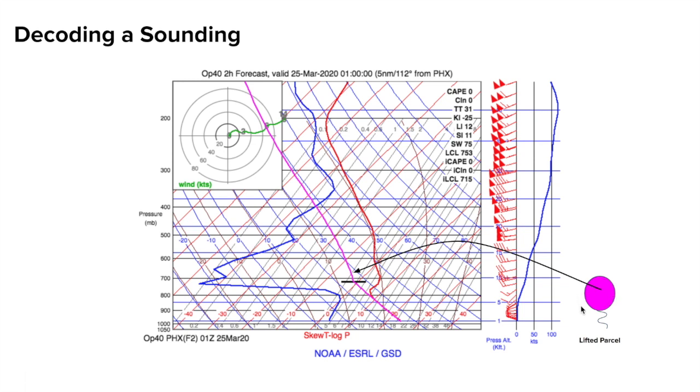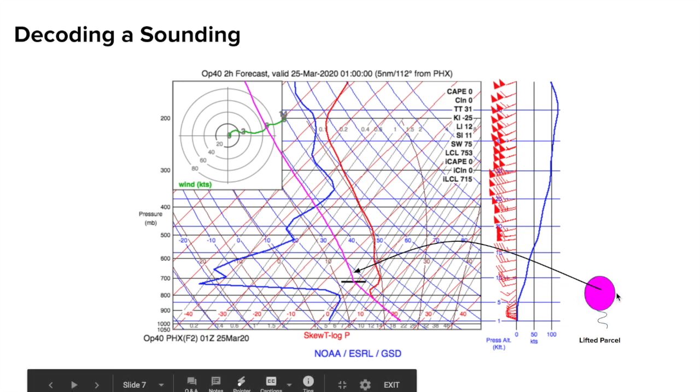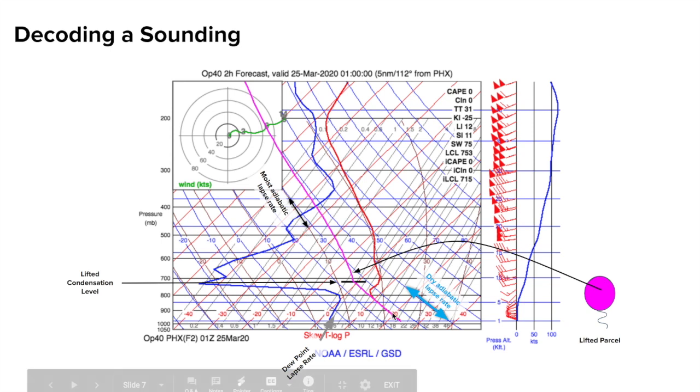If you remember from private pilot or commercial days, we talk about a lifted parcel of air, and we're all taught that it's about 2 degrees centigrade per 1,000 feet as we ascend, but in reality, those lapse rates change based on whether the atmosphere is quote-unquote dry or moist.